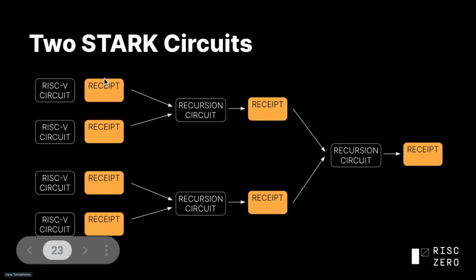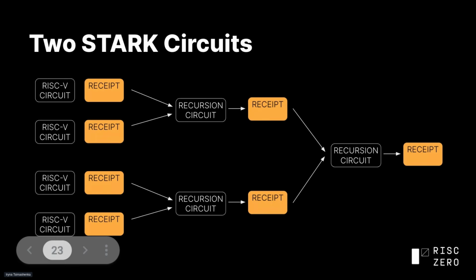So 4 proofs, and we take 2 of these receipts and use them as the input for our recursion circuit, and they produce another receipt. So this way we can use recursion to compress any number of proofs into a single proof.